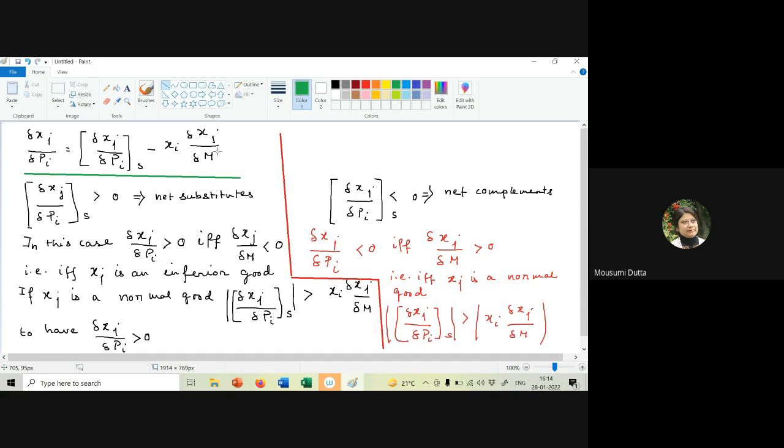However, in our theory, our focus will be mostly on indirect taxes. How we will incorporate the effect of tax in the total effect, substitution effect, income effect, that we are going to discuss.